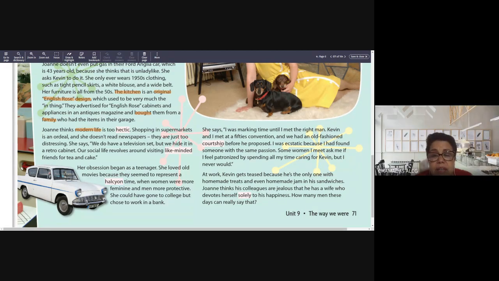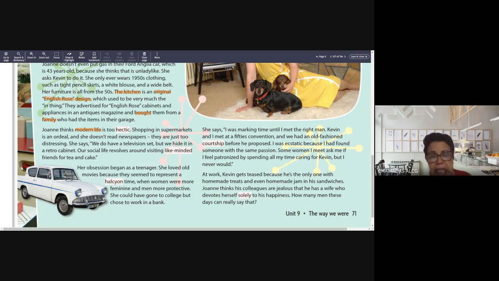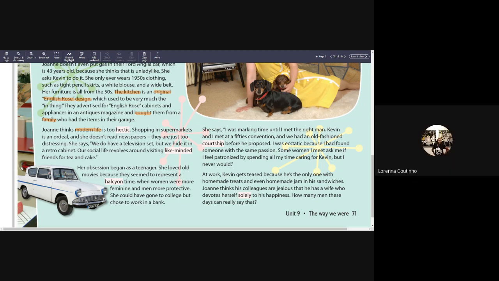Yes, it's a kind of relationship you have before you have a serious relationship. It's that relationship you have before someone proposes to get married. Before dating, yeah. First you have the courtship, then you start dating. Dating is official.